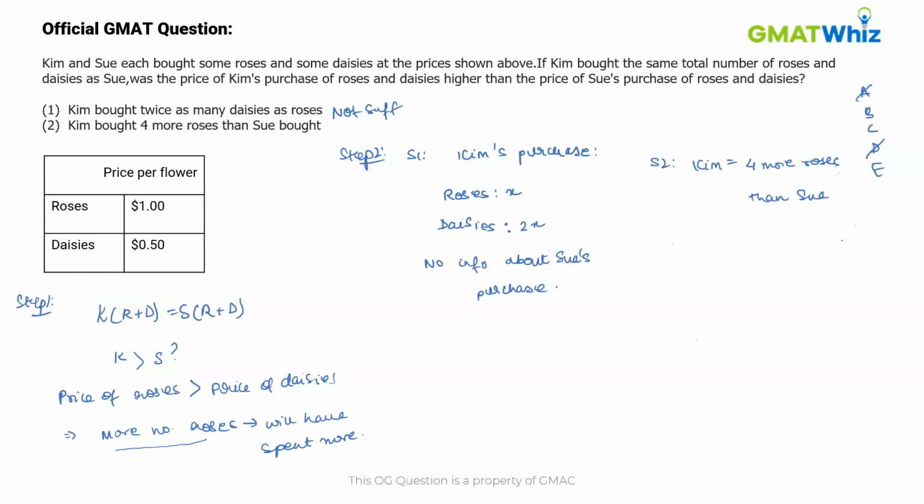Since statement 2 directly tells us that Kim bought 4 more roses than Sue, this implies that Kim's purchase was greater than Sue's purchase. Hence, statement 2 is sufficient, and thus the correct answer is option B.